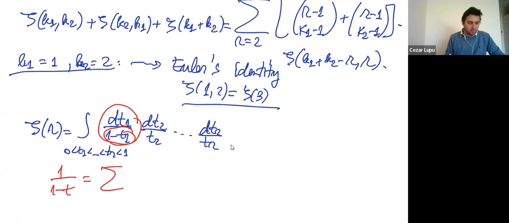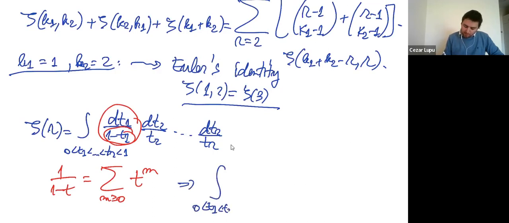This is the sum of t to the m, sorry. So this is just a geometric series. Once we do this, we just integrate over and over again. So let's actually do it. It's a very easy exercise. Let me just write this for 2: dt1 over 1 minus t1.